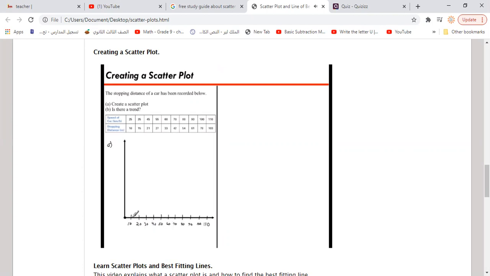The final thing I need to do for the x-axis is to let the reader know what I'm showing here. It's the speed of the car in kilometers per hour. So let's add a title to the axis. Speed. And always put your units. I'm going to put kilometers per hour. And our x-axis is now done.